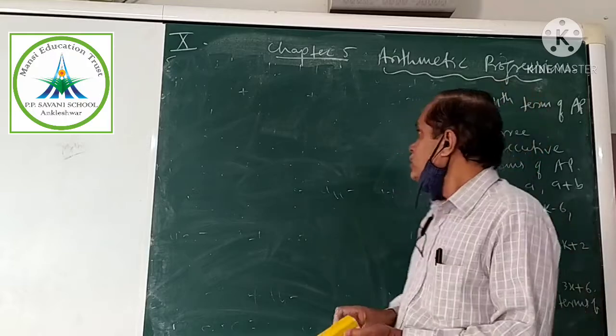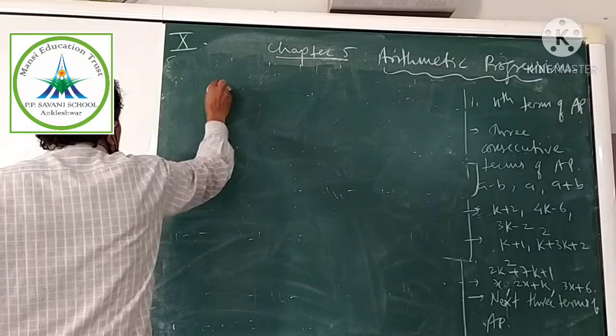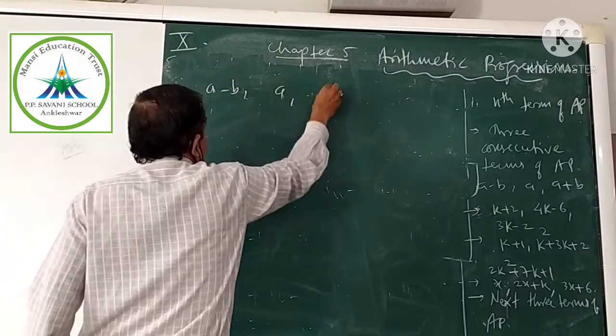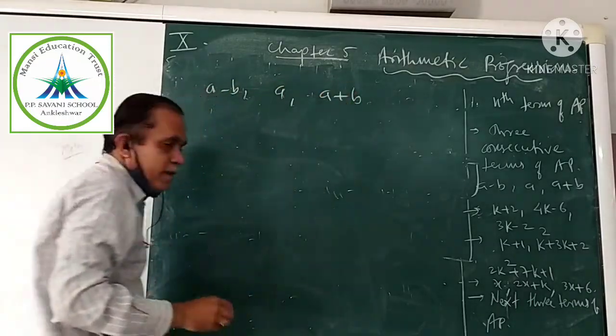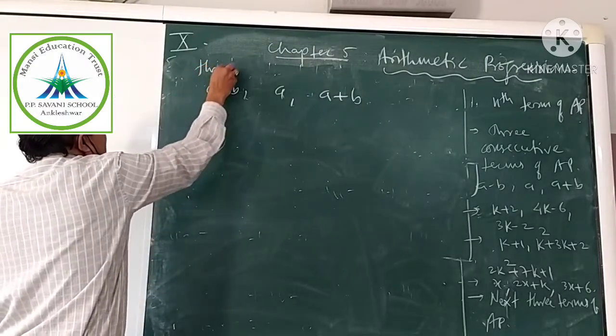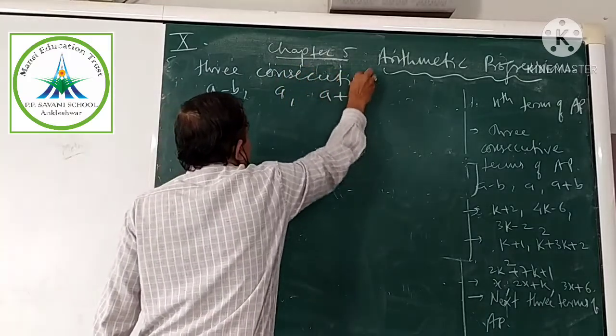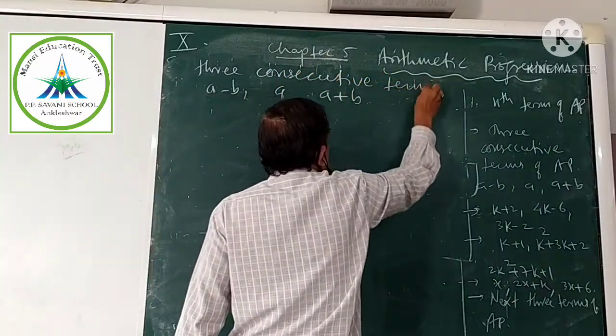Okay. Now see, let us talk about, I am taking say 3 terms, A minus D, A and A plus D. Look here. 3 consecutive terms. I am taking 3 consecutive terms of an AP.